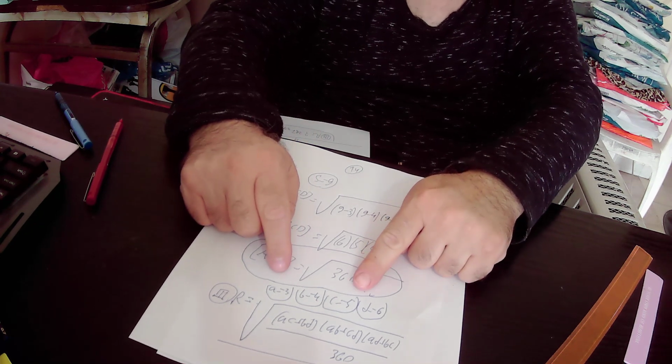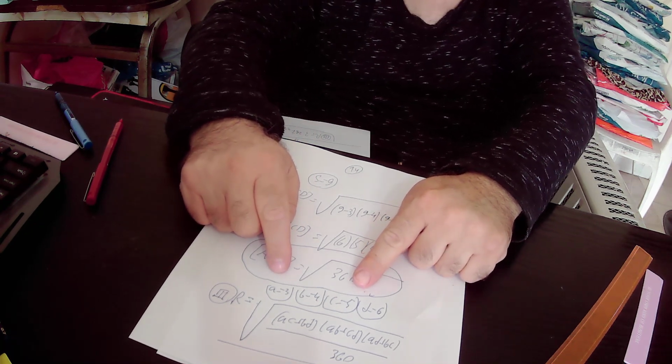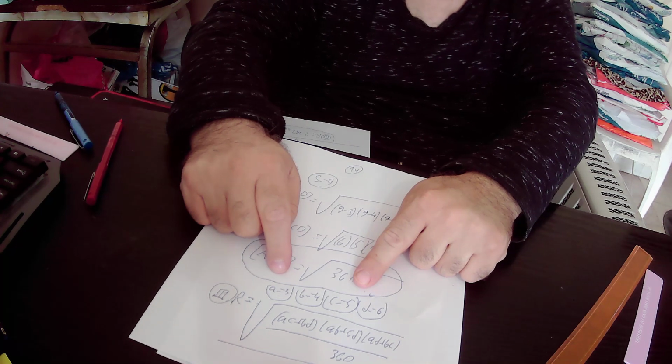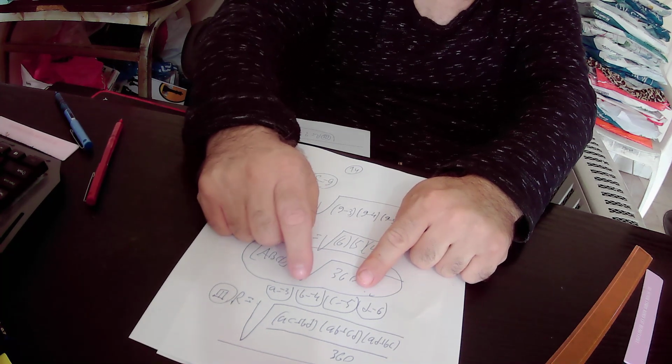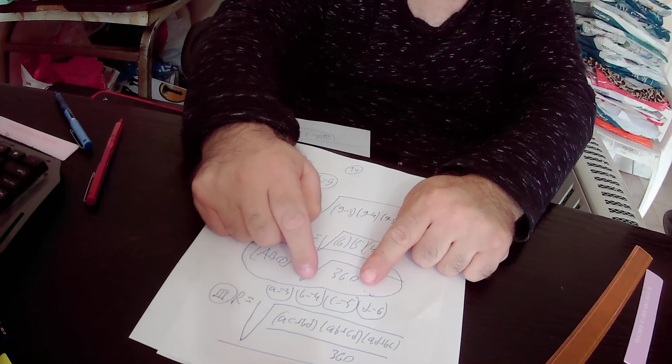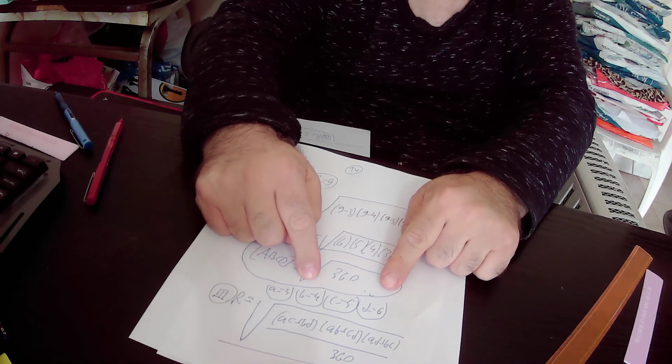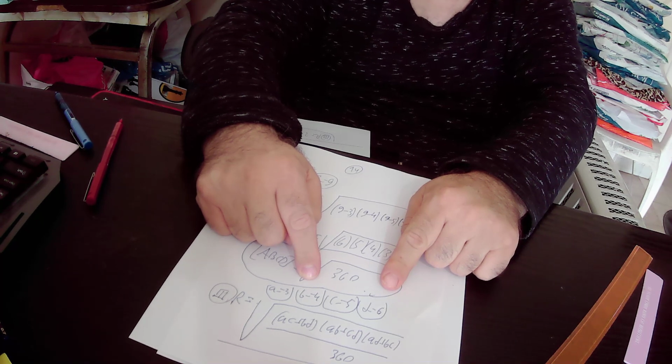So AC, a is 3, c is 5, so AC is 3 times 5 is 15. And we have BD, b is 4, d is 6, so 6 times 4 is 24.